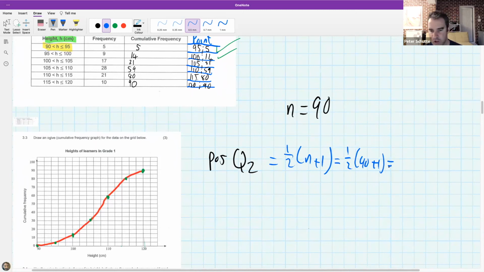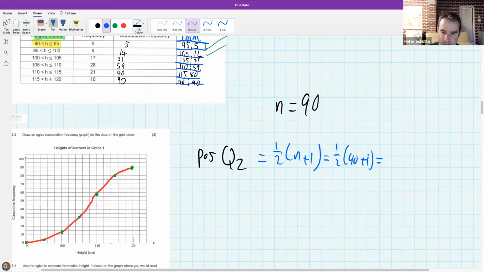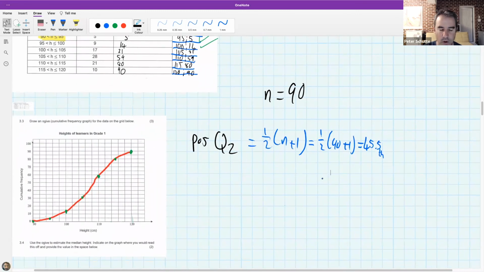And what you're going to see if I use my calculator for that is the position is 45.5. How do we now connect that to an actual value for an estimate of Q2?